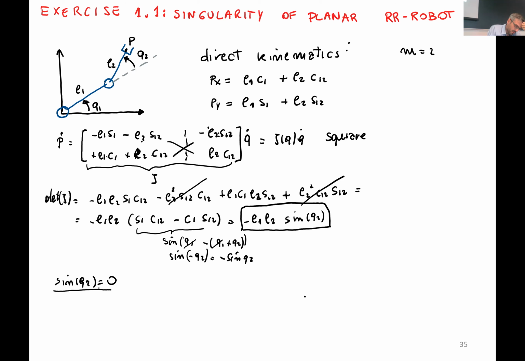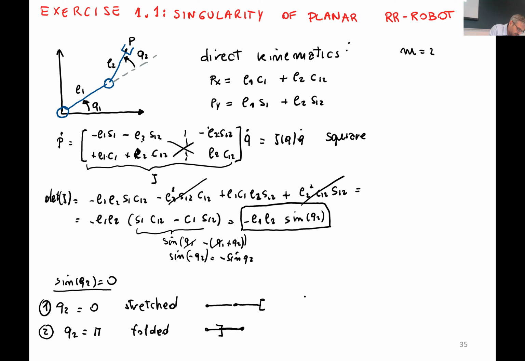And this corresponds, for example, to the two situations where you have the arm stretched or completely folded. Because with Q2 equal to 0, Q2 equal to pi, the sine goes to 0.